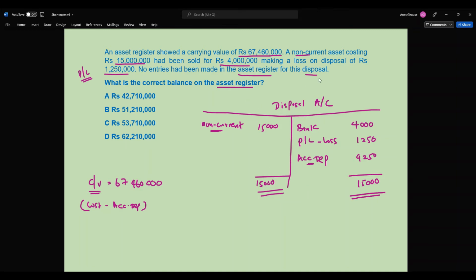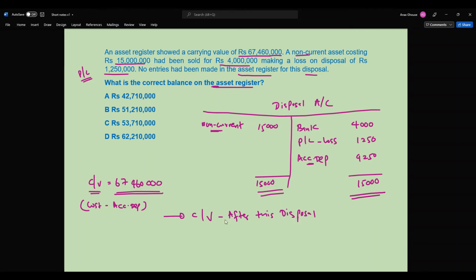Now, since you need to identify the correct balance after disposal in the asset register, the asset register shows the carrying value. It had a carrying value of 67,460. Now what is the carrying value after this adjustment, this disposal?